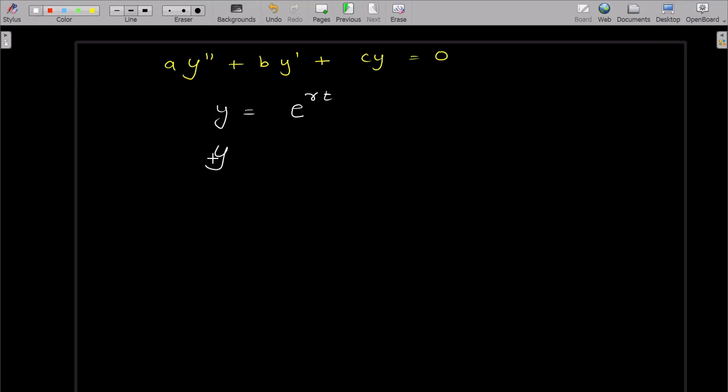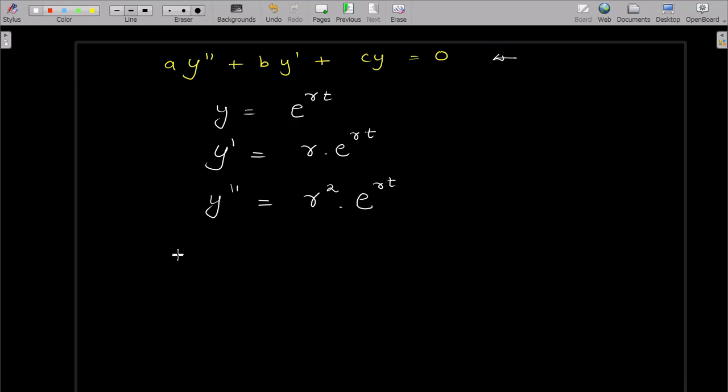Then what will be the first derivative of y? It's going to be r times e to the power rt. What will be the second order derivative? It's going to be r square times e to the power rt. Now we will substitute these values in this equation.